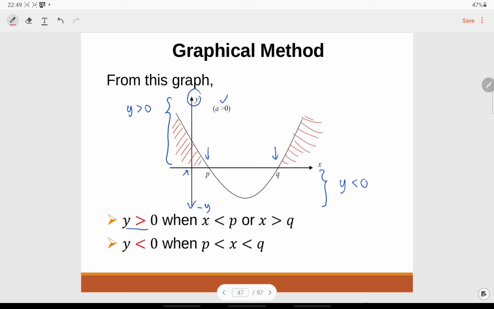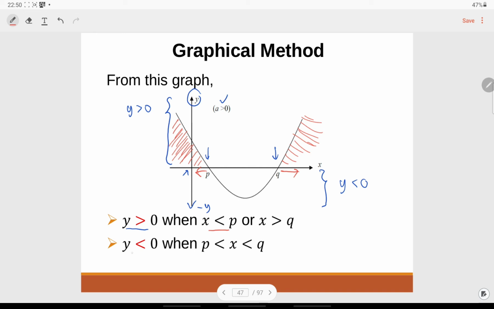This area is represented by x less than p, and x greater than q. It moves in this direction. So the area covered in red is represented by x less than p and x greater than q. That is the value when y is greater than 0.